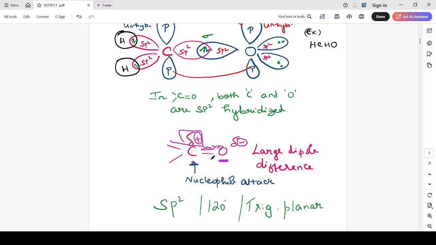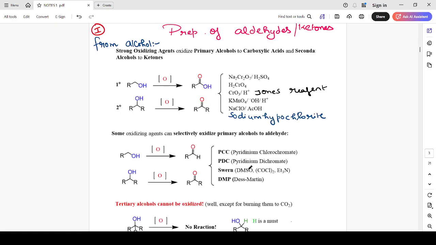In other words, if there is a nucleophile that has to attack this carbon, then it is easy for this nucleophile to attack this carbon because of its electropositive nature. Also, there is a large dipole difference because oxygen is electronegative and carbon is feeling electropositive. A large polarity is also available here. The molecule is also becoming polar in nature.